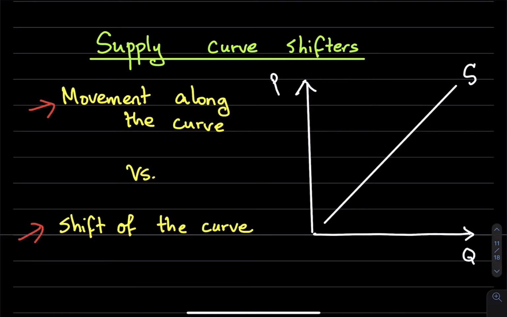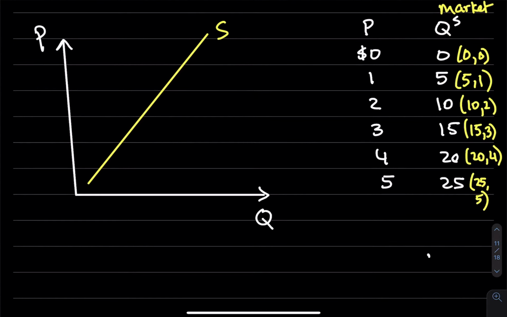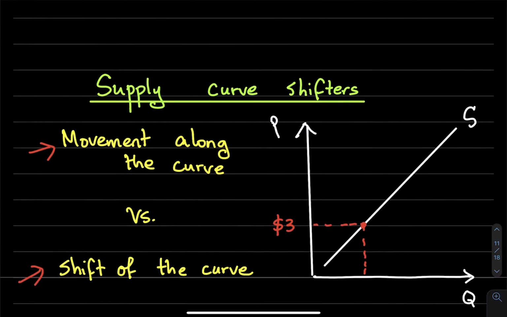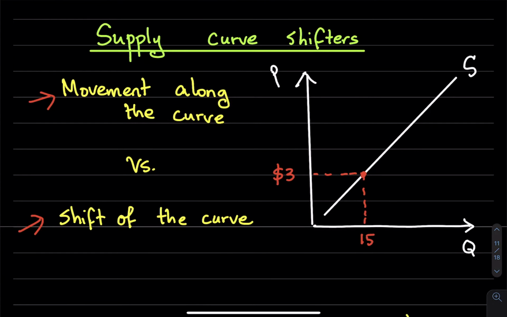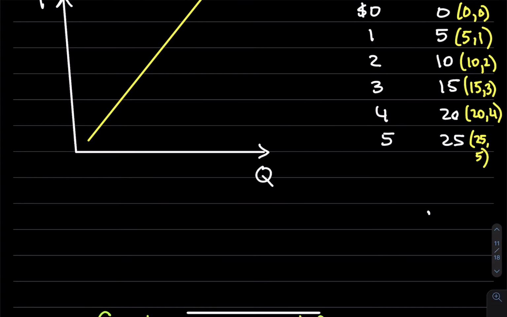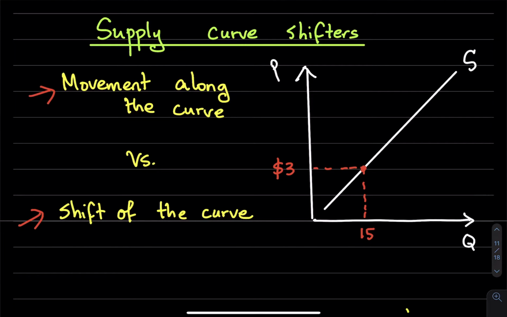When we're talking about the supply curve, we're thinking like sellers. Let's say we were talking about lattes, and this is for $3. I think we were supplying 15, and let's say the price went up, and at that price we're supplying 25.